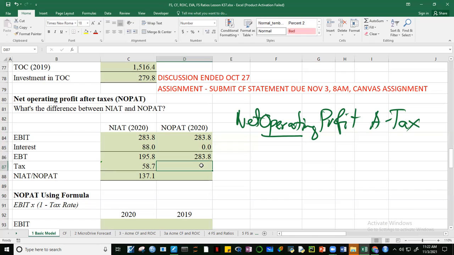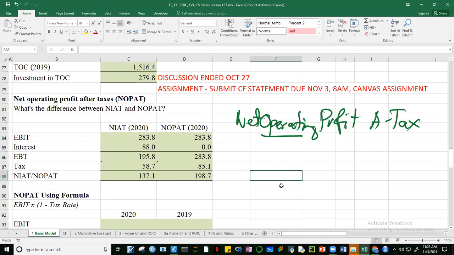Okay, so let's compute now for the tax. It's equal to this amount times the tax rate once again. Okay, and then the NOPAT will be equal to this minus this. Okay, so we now have the computation for the net operating profit after tax.